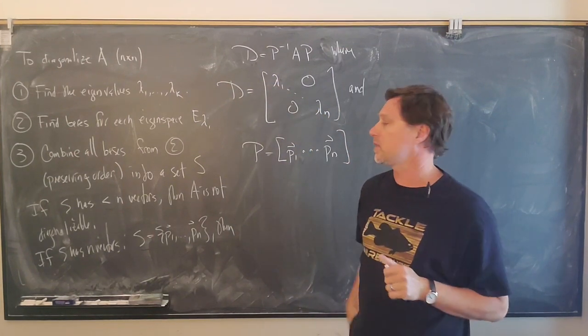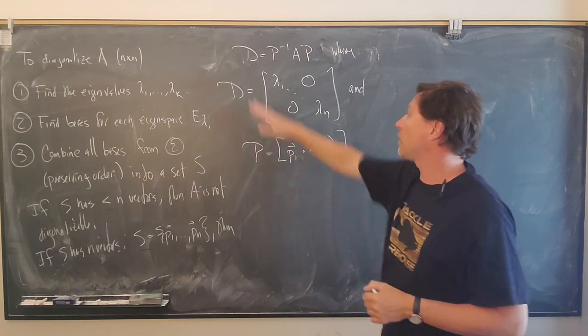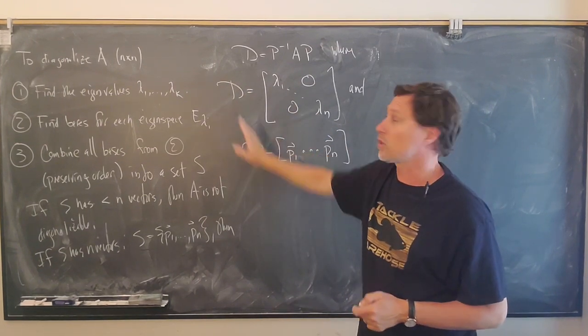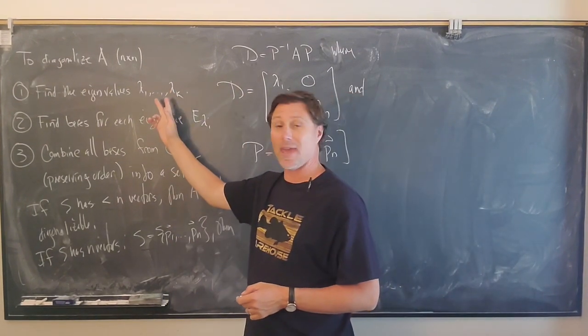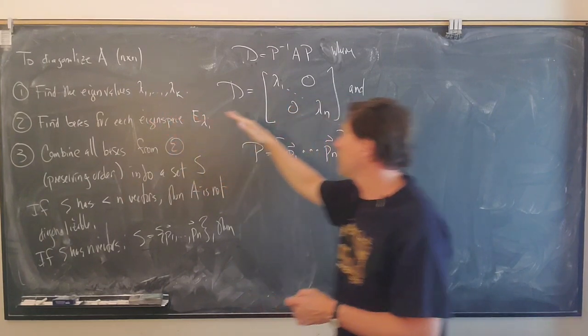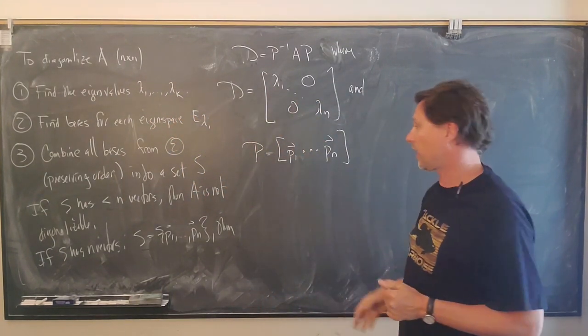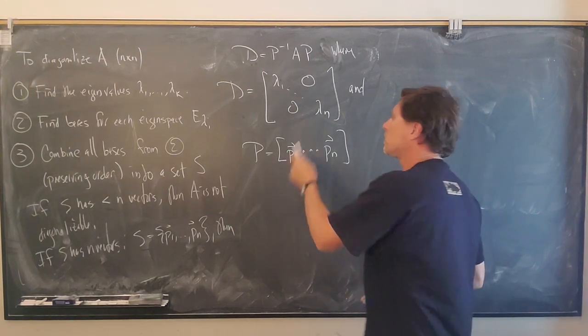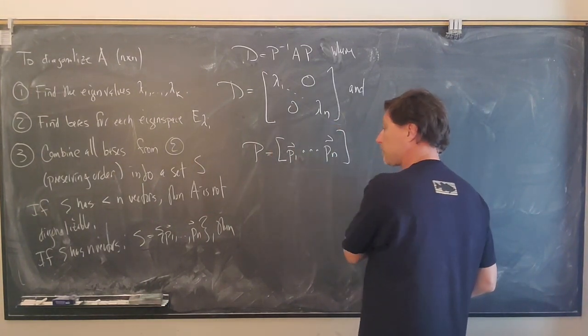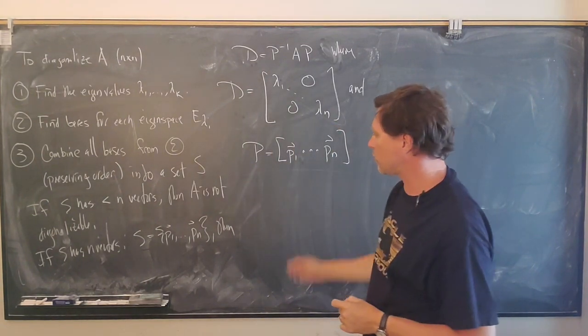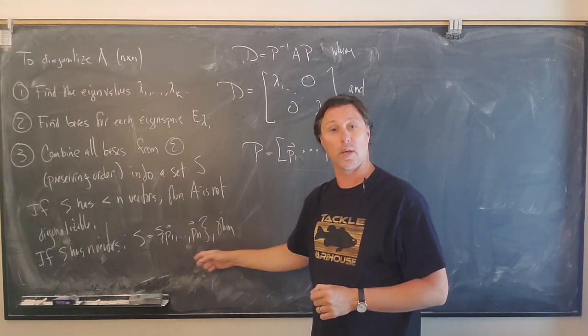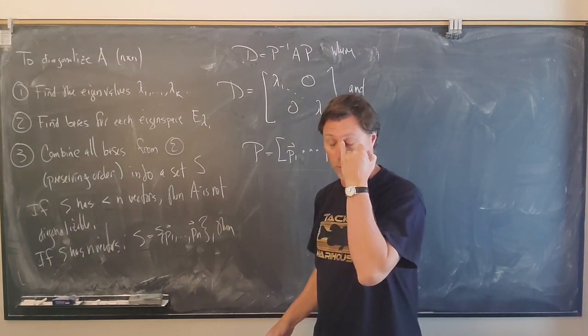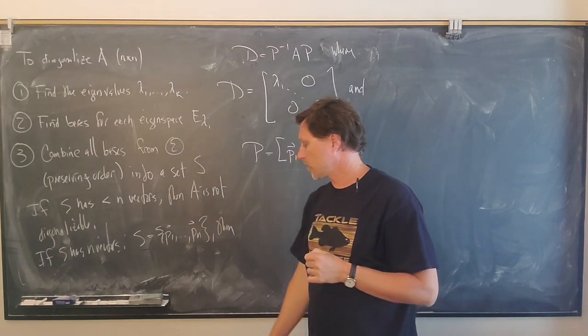We'll see this in some examples, but the point is when we write down D, it's going to be an n by n matrix, even if we only had k eigenvalues. D is going to be dimension n. Also, the matrix P is going to be the matrix whose columns are in order P1 up through Pn, the basis for the eigenspaces.